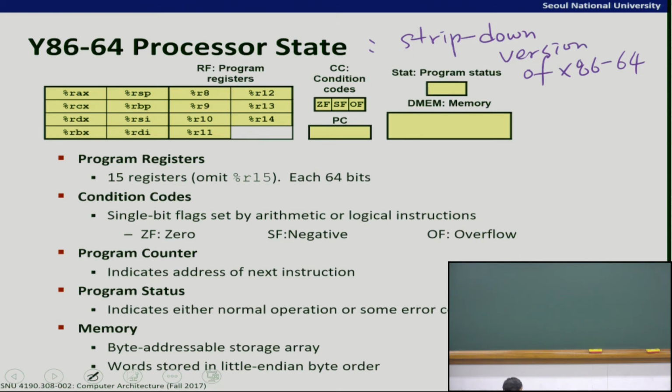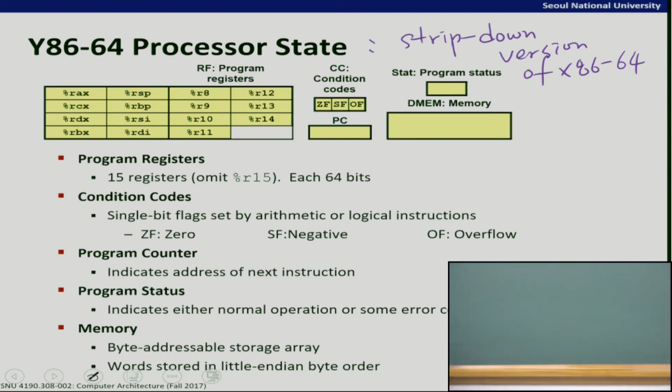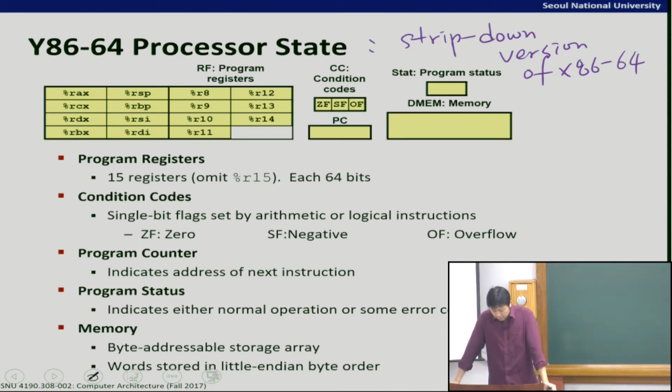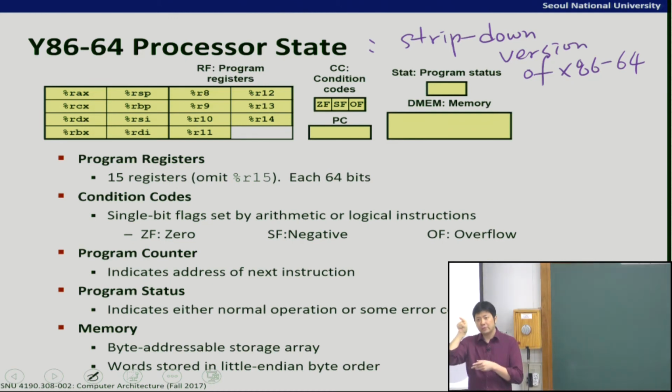We are missing 1 register, but we have 15 registers. These are the program registers, and each register has 64 bits. We have 3 condition codes: zero, sign, and overflow. But there's no carry flag, so we only have 3 condition codes. And also the program counter, or instruction pointer, the same thing, right? The PC points to the next instruction to execute.